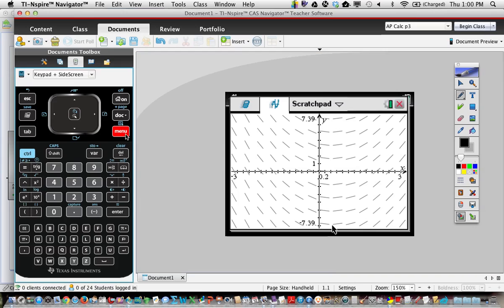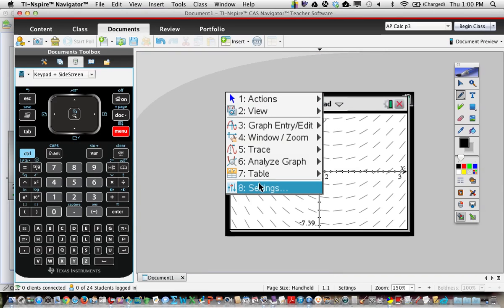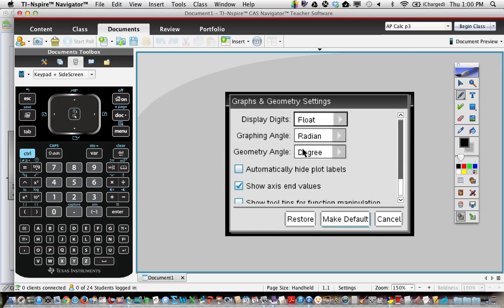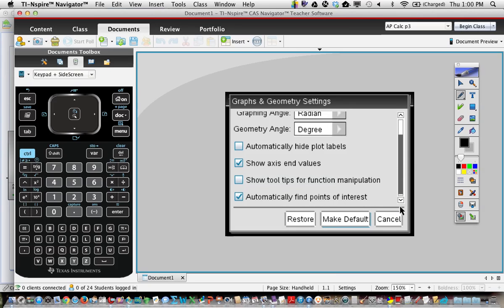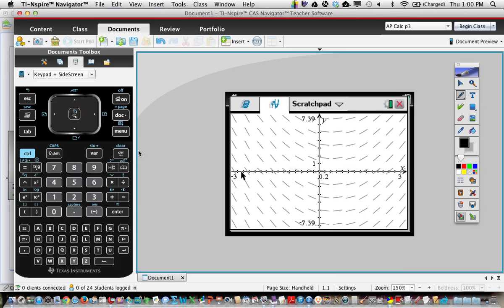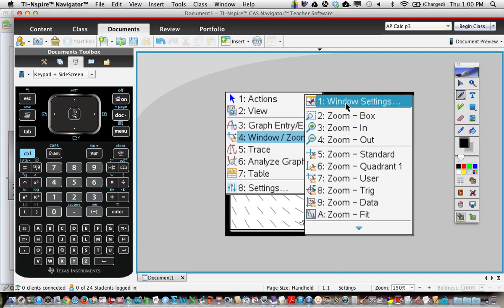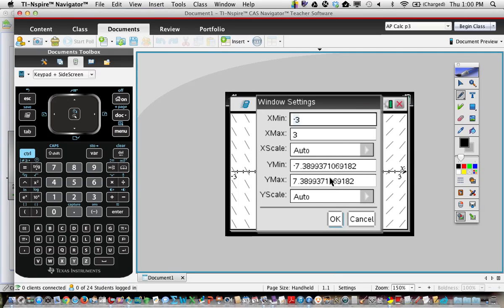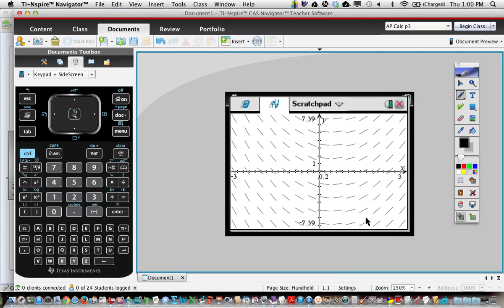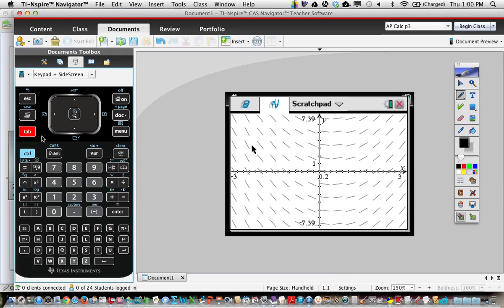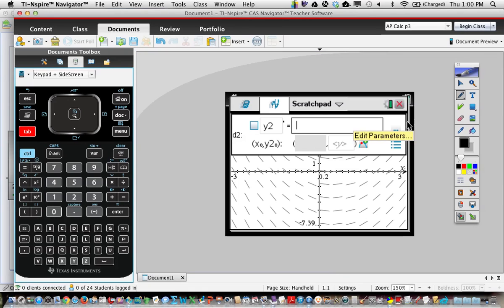I'm kind of curious about the settings here in differential equation mode. That doesn't really give us anything interesting. What about the window settings? No, nothing really there either. Let's go back into this.